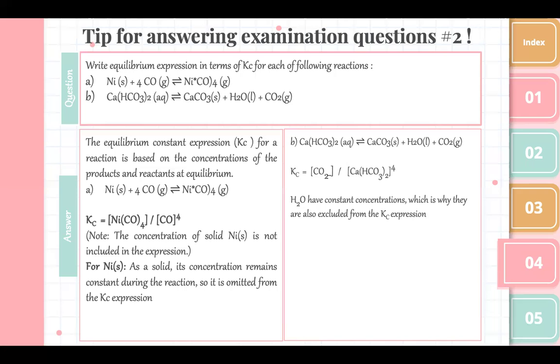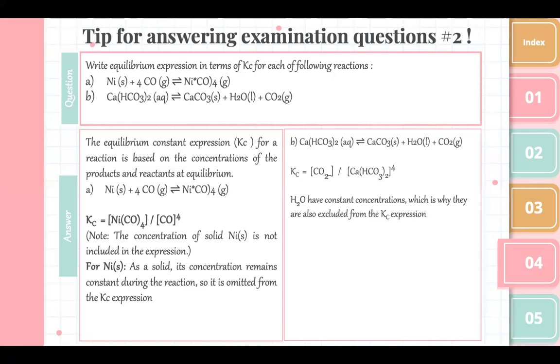For question B, we have calcium bicarbonate in aqueous solution in equilibrium with solid calcium carbonate, liquid water, and carbon dioxide in the form of gas. This question describes the equilibrium reaction involving calcium bicarbonate dissociating into its products.